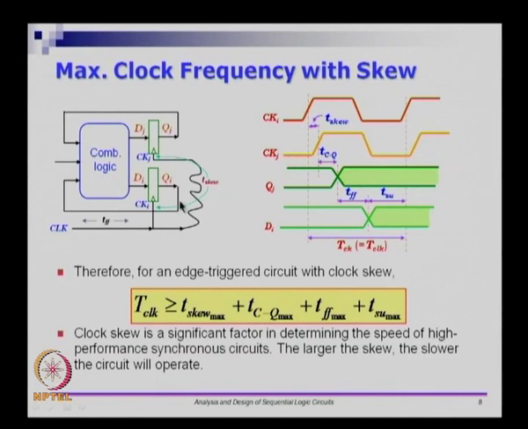So consider the direction of the clock difference and the direction in which the data is going. CKI is earlier than CKJ, but CKJ is providing something to DI. So the data is going in the opposite direction of the clock, and that is a tighter constraint. If it goes in the same direction, it becomes slightly easier. So this is called skew.